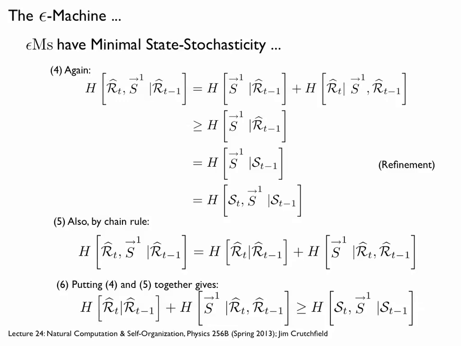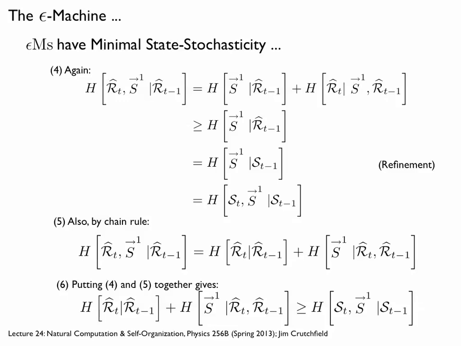Now we can also expand this joint conditional uncertainty in a different, complementary way, where I don't bring out the first symbol, but I pull out the next state given the previous state uncertainty. Then I have the uncertainty of the next symbol given previous state and next state, the symbol on the edge.